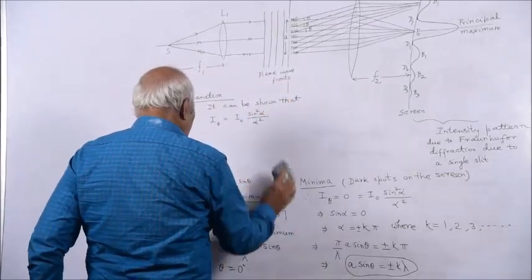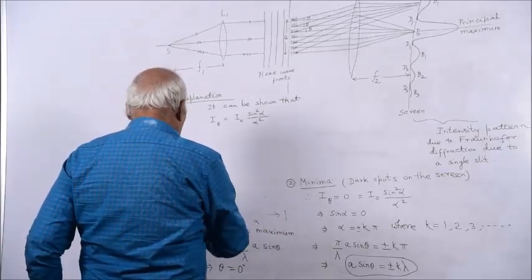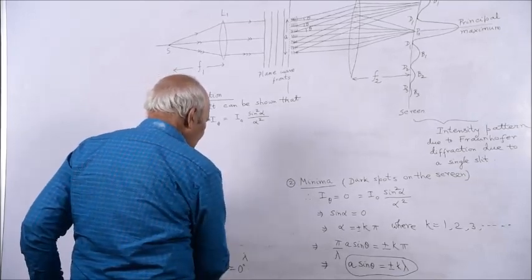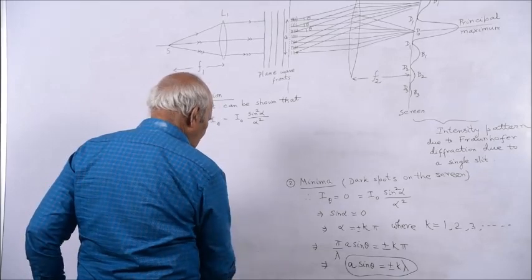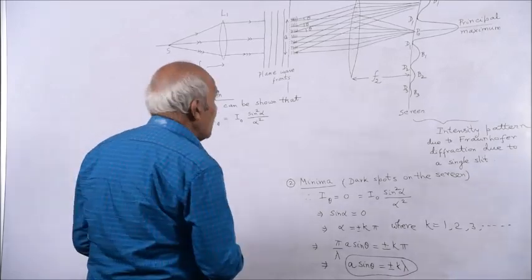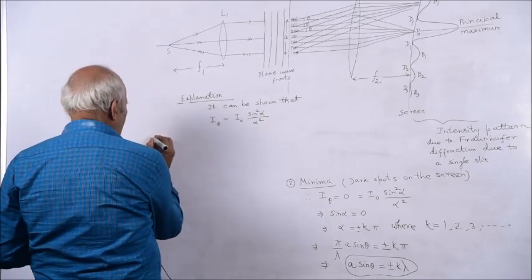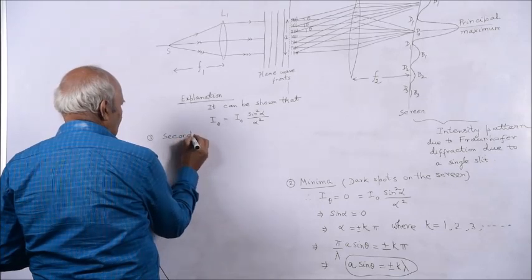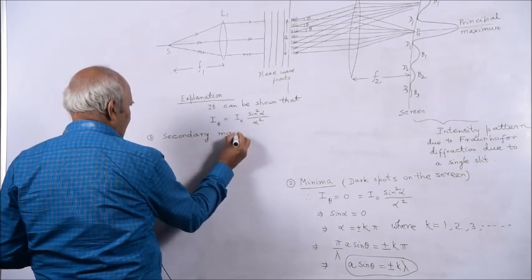Then we come to the condition for secondary maxima. Secondary maxima are B1, B2 present on either side of the principal maximum. So third is your secondary maxima.